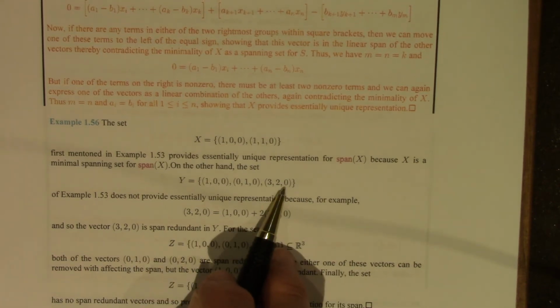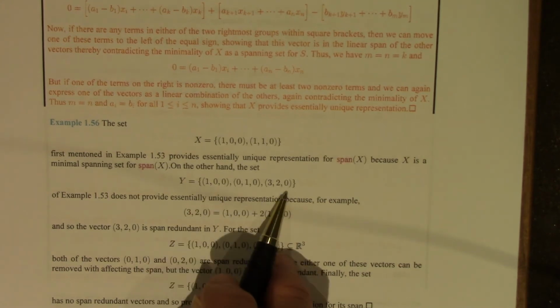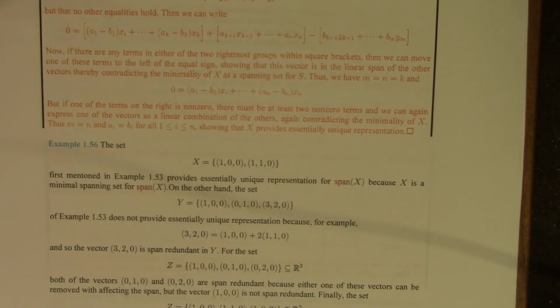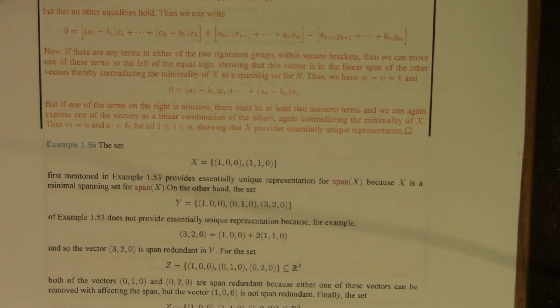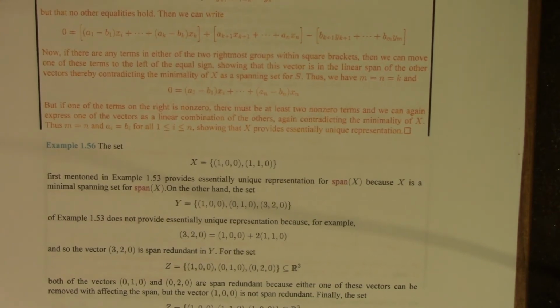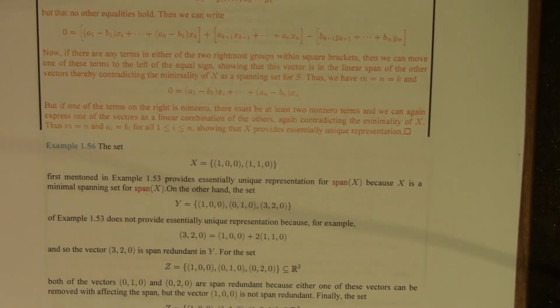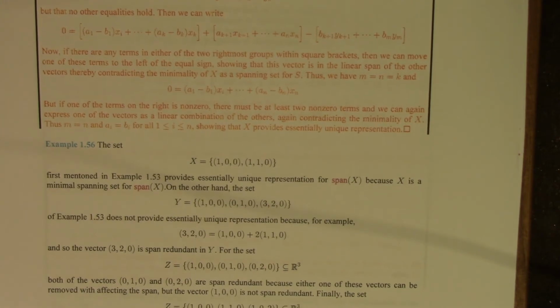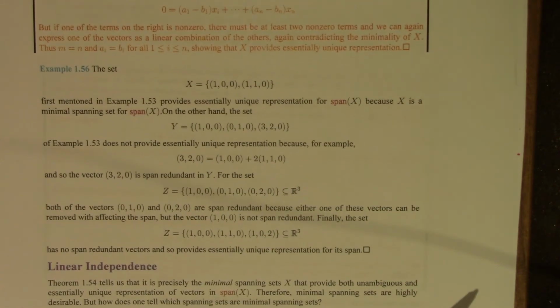So this set has at least one span redundant vector and therefore does not provide essentially unique representation.